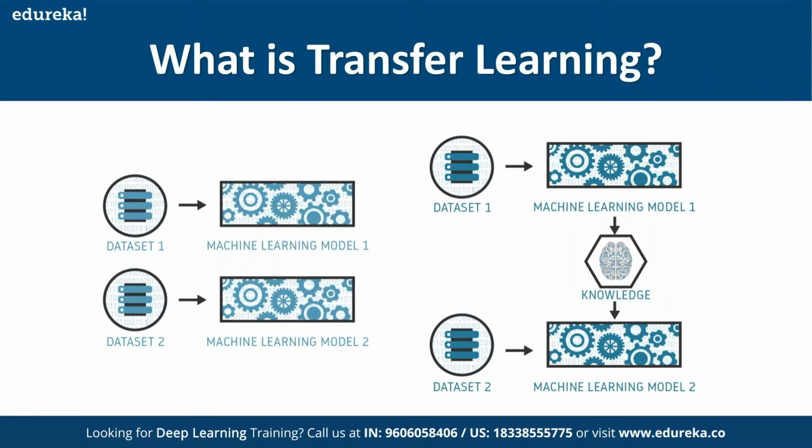After that, I'll use the knowledge I gained and apply it on a different data set. That is the working of the transfer learning approach, and it is one of the advanced approaches. It helps you apply the model, reduce the training time, and achieve better accuracy. That is the advantage of transfer learning in deep learning.